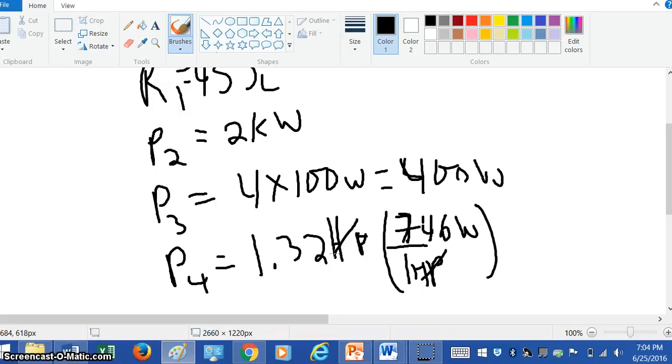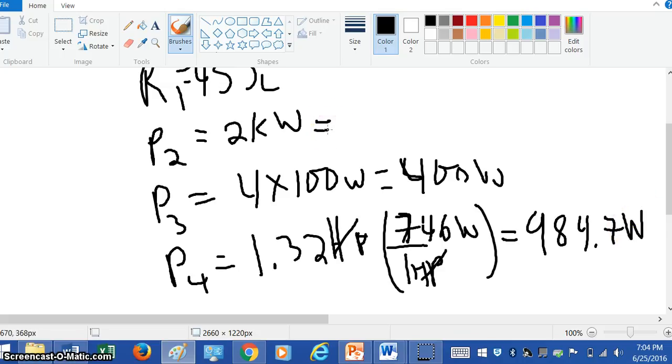So 1.32 times 746 is 984.7. So this last device is 984.7 watts.